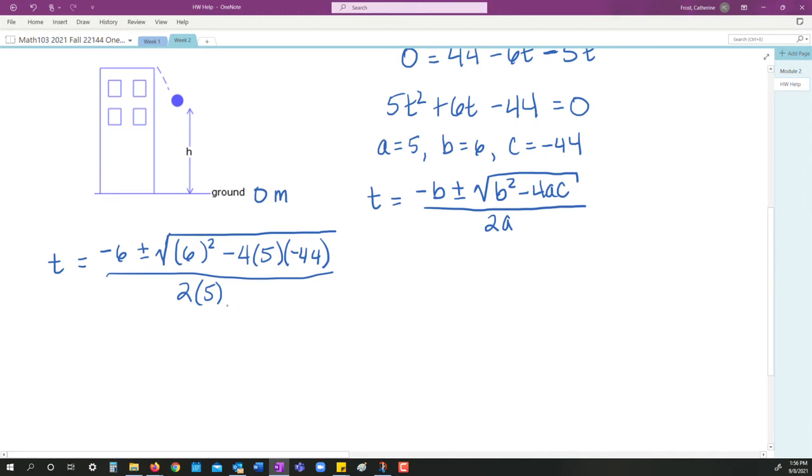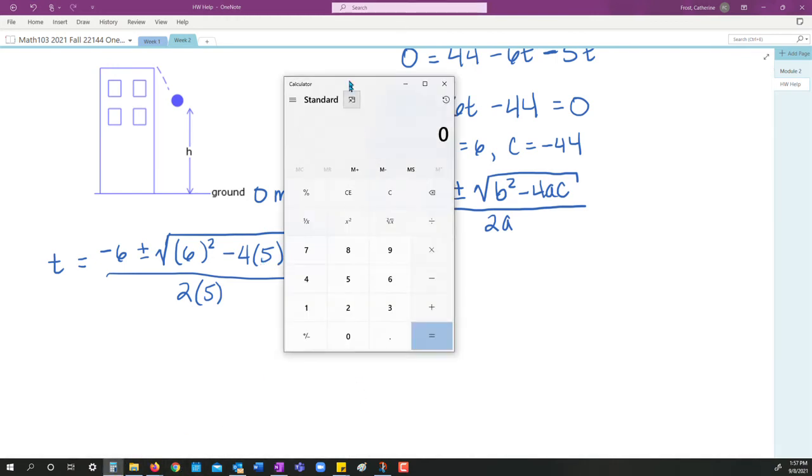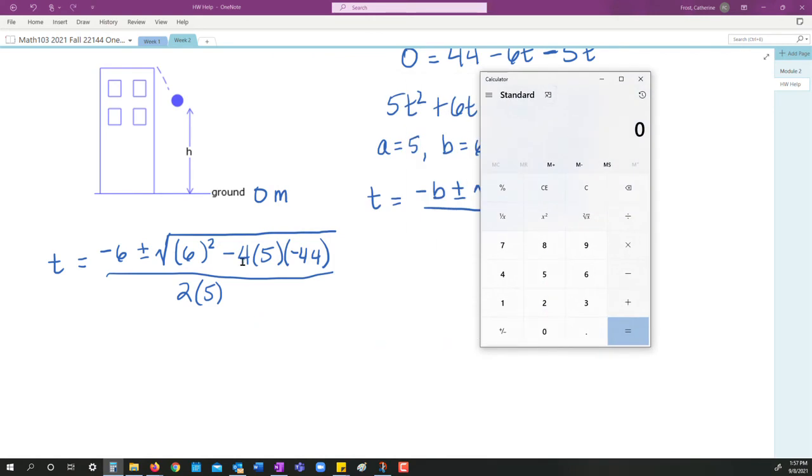Now we need to simplify some stuff. We need to do the 2 times the 5, and most importantly, get the stuff under the square root, the discriminant, b squared minus 4ac, down to a single number. You could put that into your calculator, or you can work it out a little at a time on paper. These two minus signs are going to become positive. This is going to be a 36, plus whatever this multiplies out to. 4 times 5 times 44 is 880.